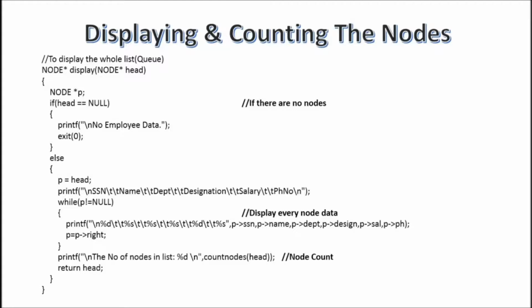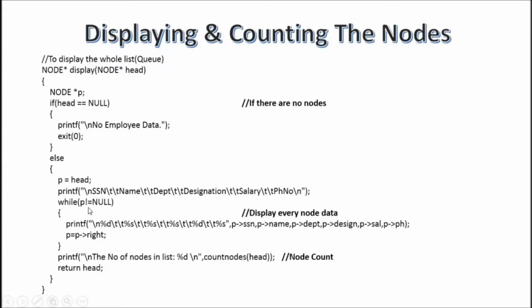We just assign the head pointer to another pointer p, and we just display the data whatever's there till p is not null. So basically if there are 5 nodes in the linked list, this while loop is going to display all the information from the 5 nodes, and then it will terminate.